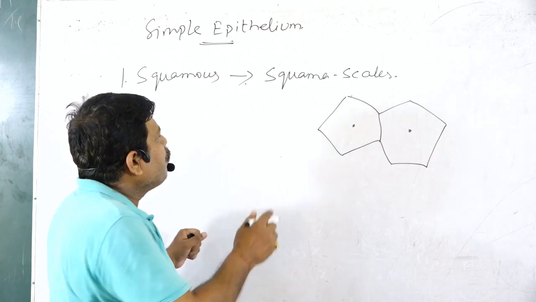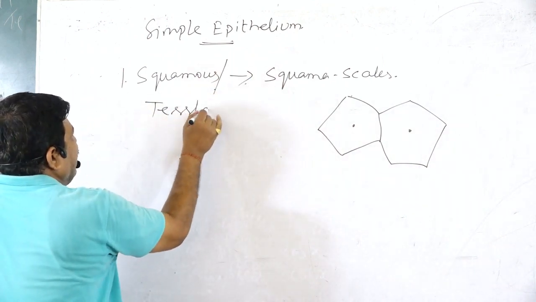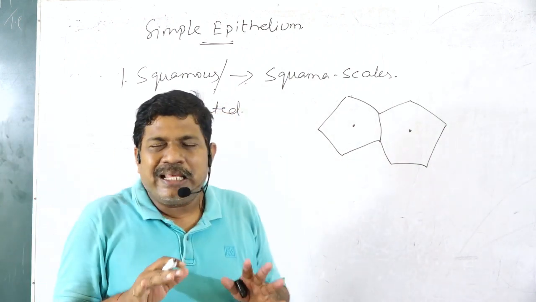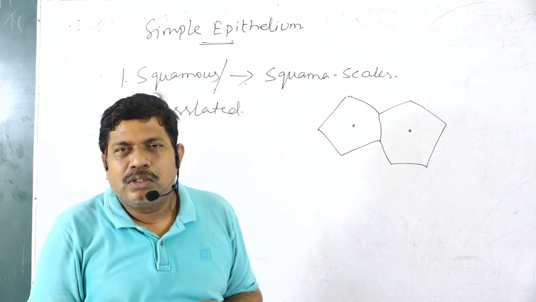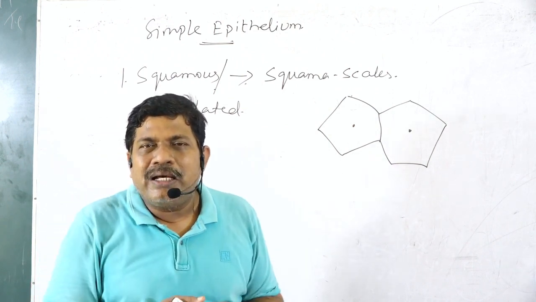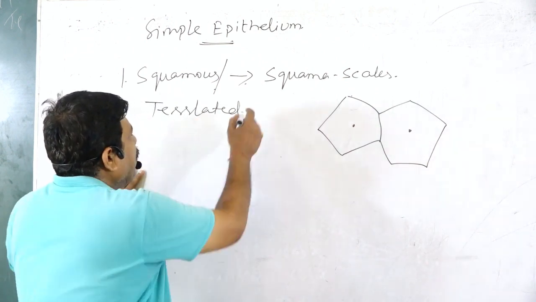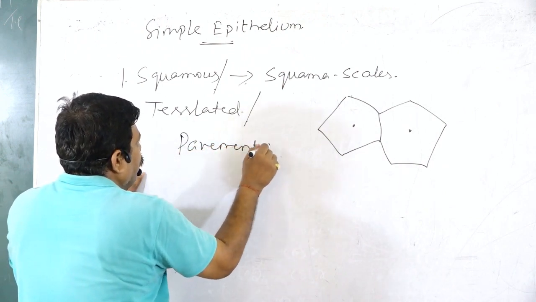This epithelium is also called tessellated epithelium, because the cells are arranged like the tiles in a floor, and due to their wavy-like appearance, this is pavement epithelium also.